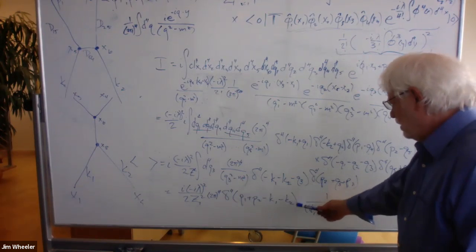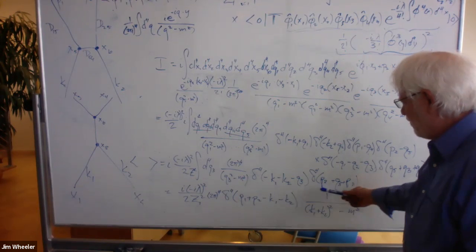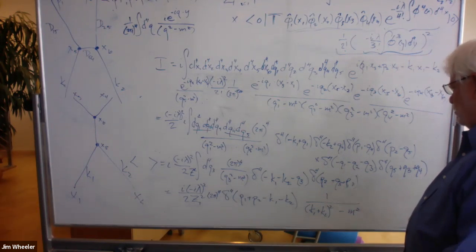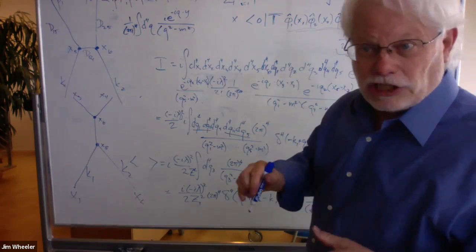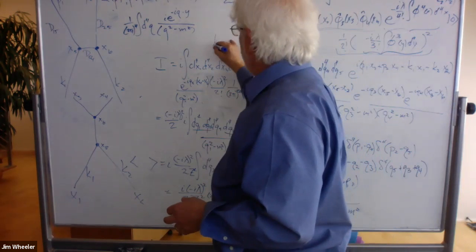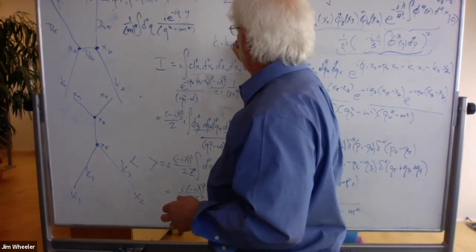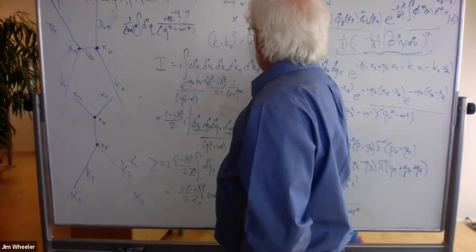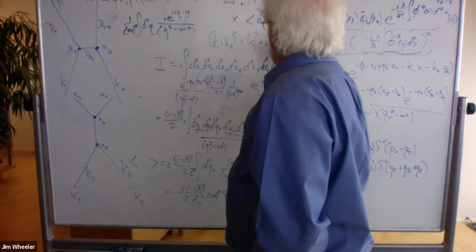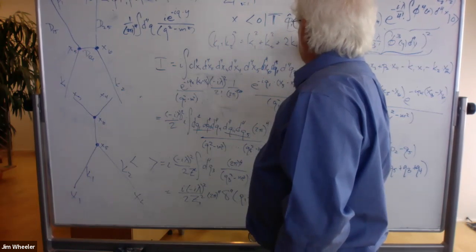The interesting new bit is this factor here, (K1 plus K2) squared. What is that? We're on shell here. So (K1 plus K2) squared is K1 squared plus K2 squared plus twice K1 dot K2.